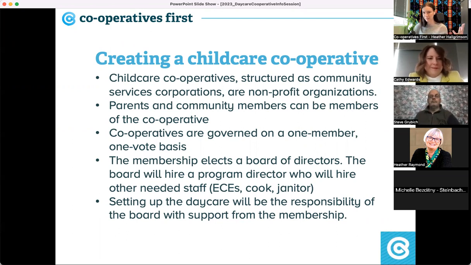Typically, historical cooperatives that have been set up quite a few years ago are going to be parent owned cooperatives.